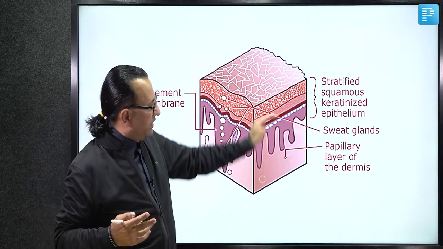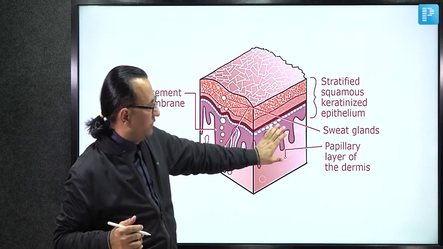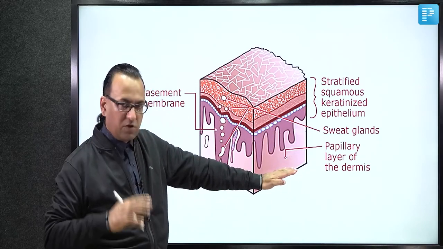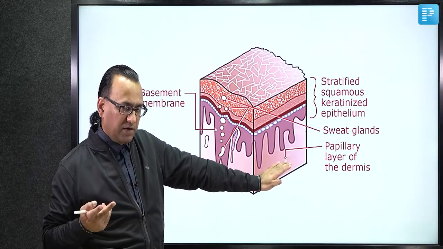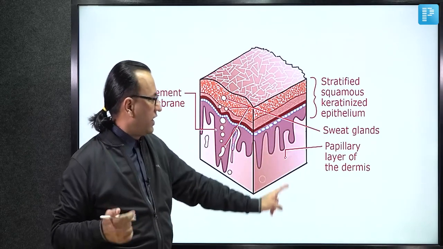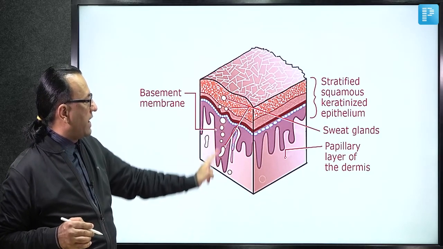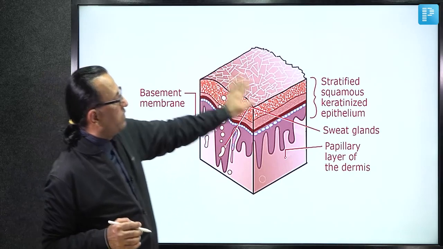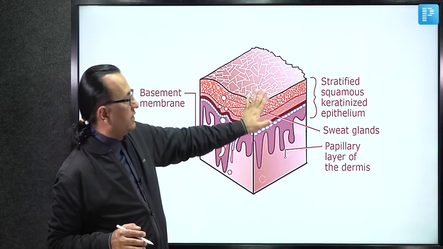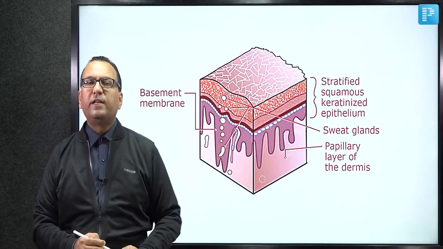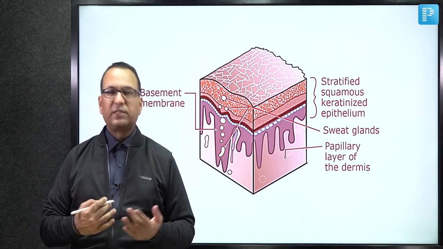There is a papillary layer of the dermis, which is superficial, and then a deep reticular layer, which is not evident here, and we'll be discussing it in more detail. This is just an overview. There can be glands in the skin epithelium like sweat glands and sebaceous glands to keep it moist and lubricated.